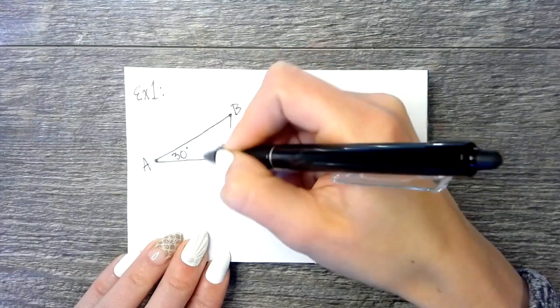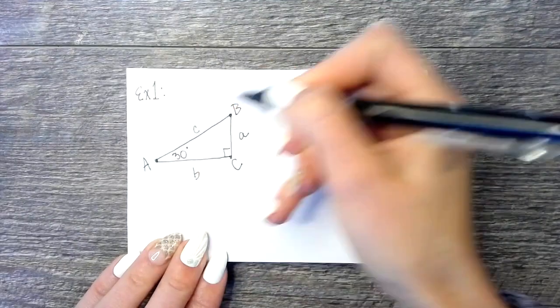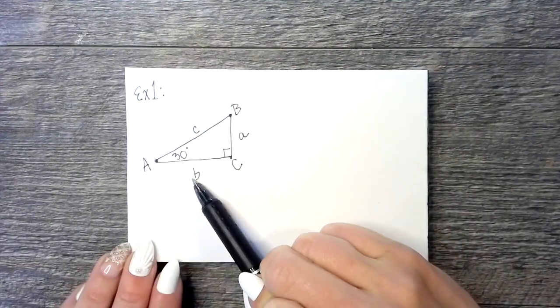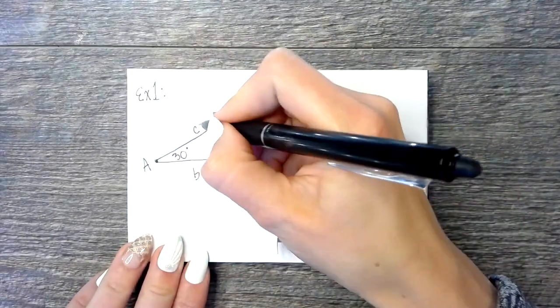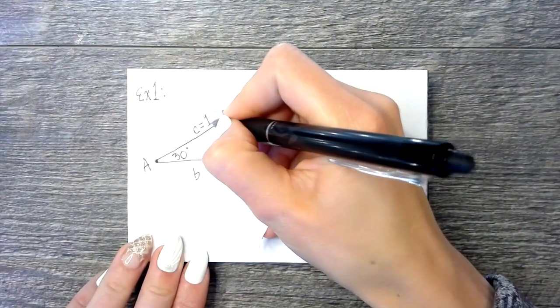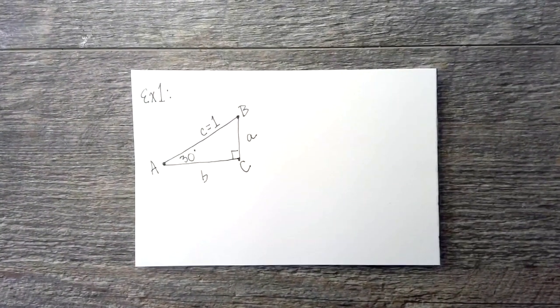So we have a right triangle, and I'm going to label my vertices A, B, and C, and then the sides opposite each angle will be the matching lowercase letters. So across from angle B we have lowercase b, across from angle C we have lowercase c, and so on.